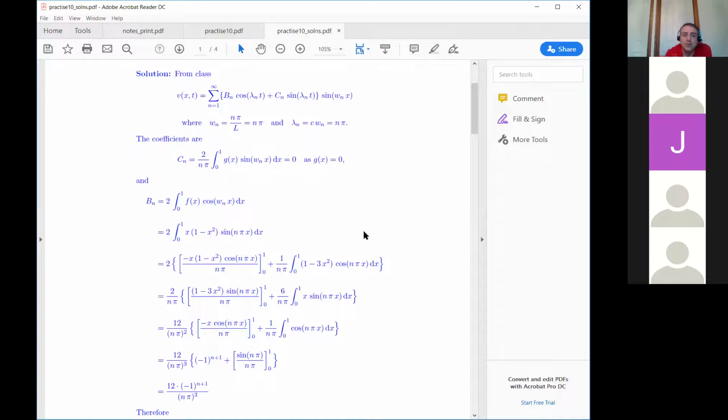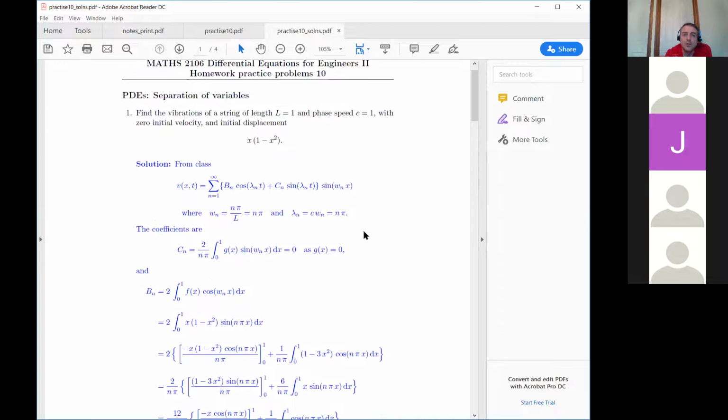Okay, so g of x. How did he know that the g of x was 0? Is that because the g of x is the speed, like the initial velocity? That's a good question.